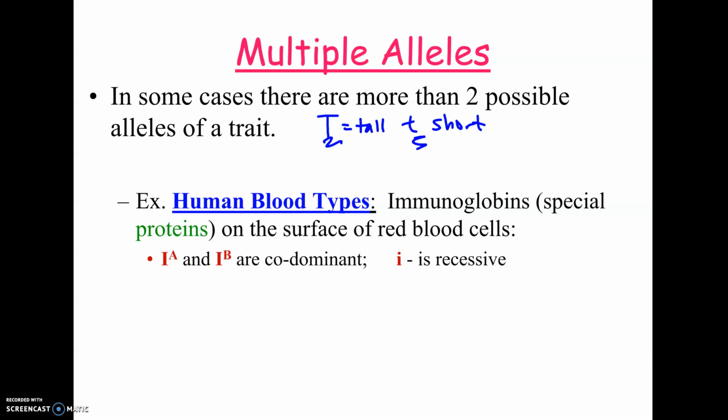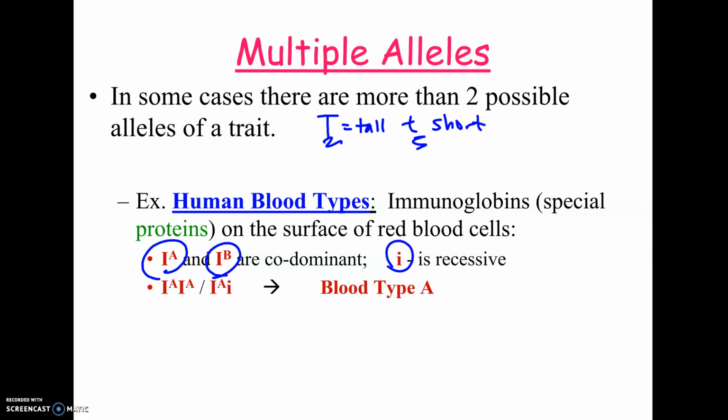Blood type is controlled by these proteins on the surface of your blood cells called immunoglobulins. And there are actually 3 alleles. There's IA, which codes for blood type A, IB, which codes for B, and then little i, and you could be O if your genotype is little i, little i. So A and B are codominant. We talked about this in another lecture.